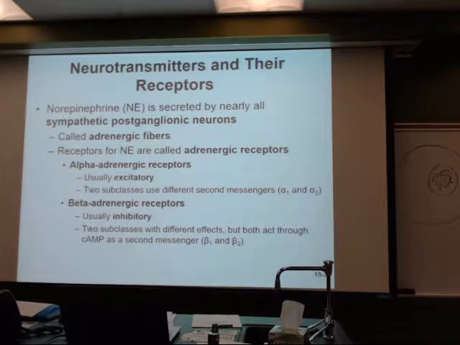Secreted by almost all sympathetic post-ganglionic. The reason for that, it's for the most part the chemical coming from the medulla of the adrenal gland. And like I've said before, the cells in the medulla of the adrenal gland are modified sympathetic cells.